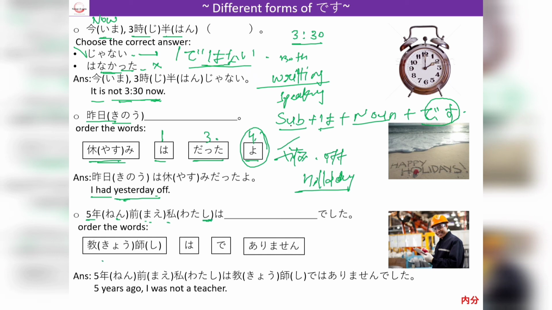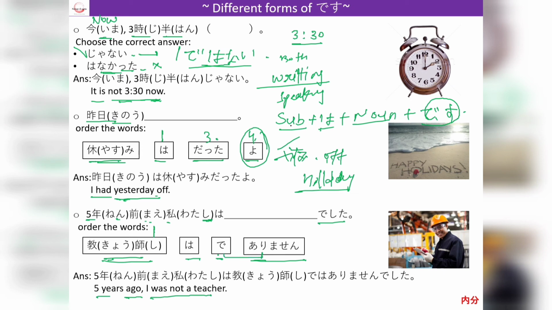We have some options. Kyoshi wa de arimasen. And it is saying 5 years ago I was not a teacher. So what can we make with this? Kyoshi. Kyoshi will be used here because this is a noun. It will be first. And deshita. We cannot use it like this, de arimasen deshita.